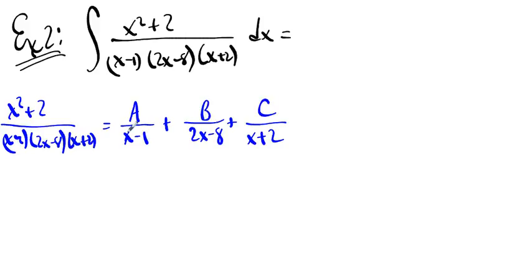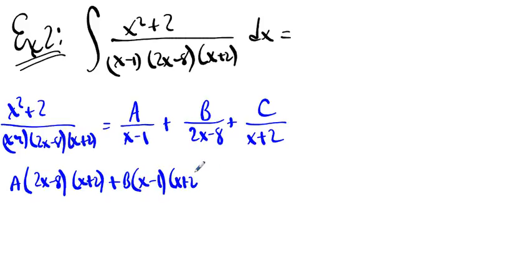So if we were to combine these fractions, we'd multiply everybody by every other denominator, and we'd get a times the other two denominators plus b times the other two denominators plus c times the other two denominators has to equal this thing.